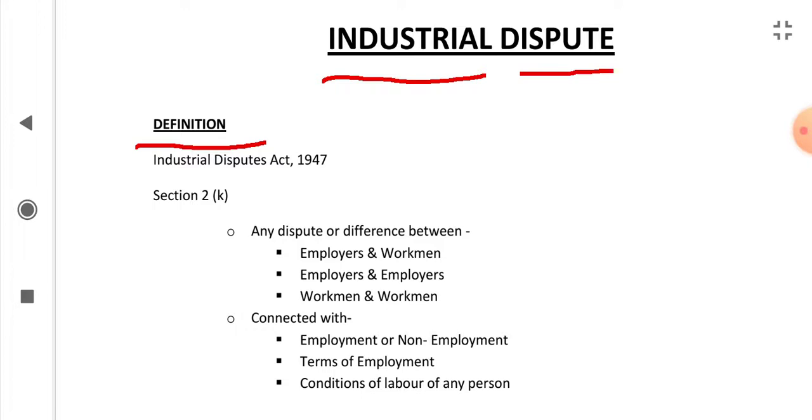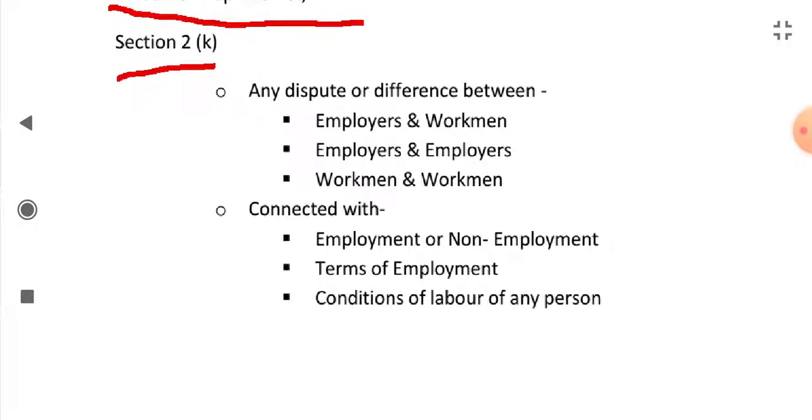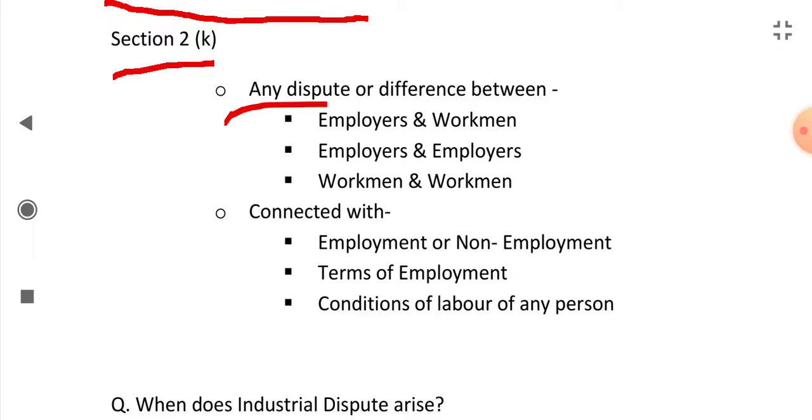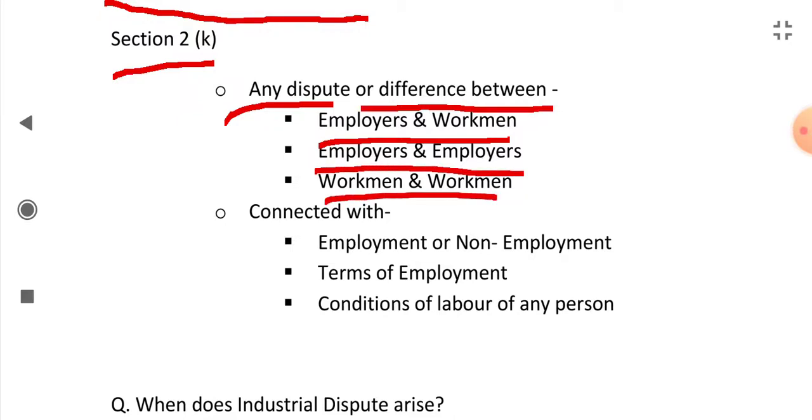According to section 2K of Industrial Disputes Act 1947, any dispute or difference between employers and workmen, or between employers, or between workmen and workmen.